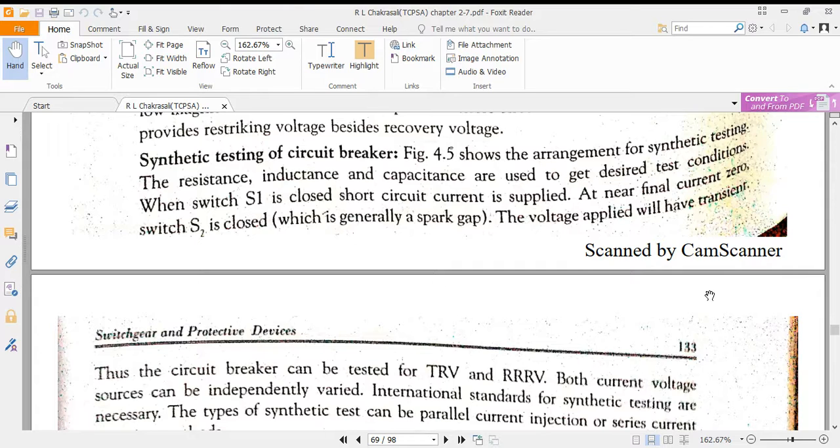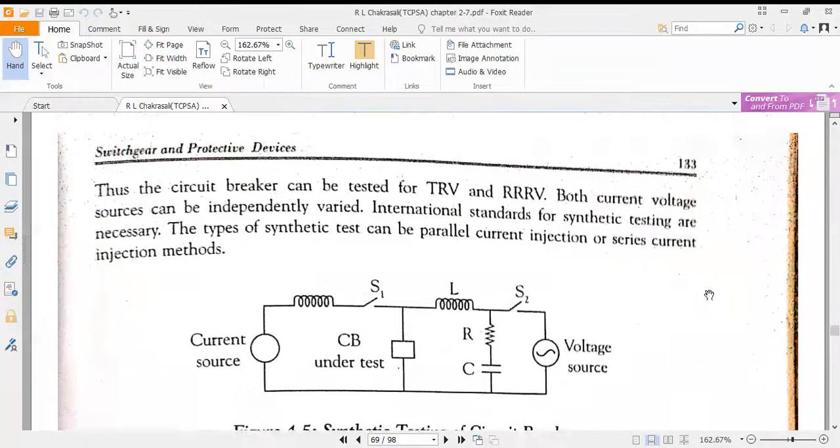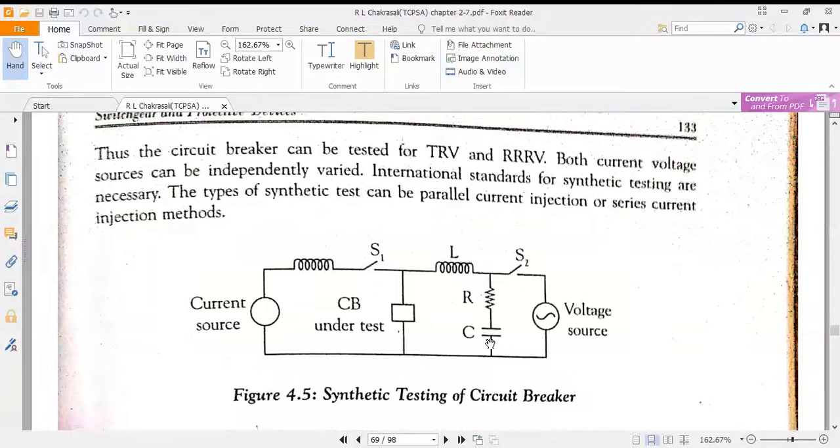To get that, we require all these parameters, RLC. They must be in series on one side, and at the other side they must be in parallel. Therefore, we can see this is the parallel circuit, whereas this is in the series.